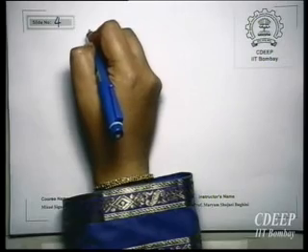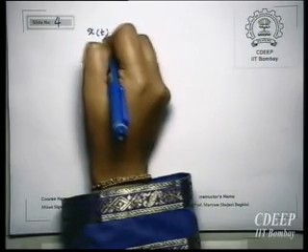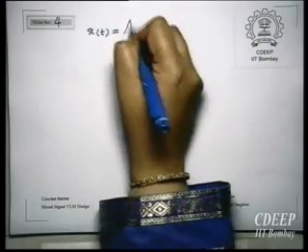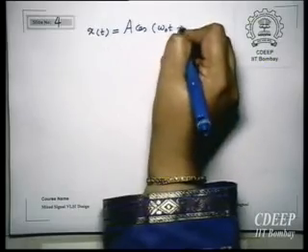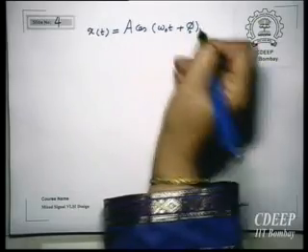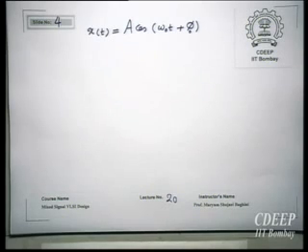Okay, what is jitter? First of all, suppose we have a signal with a constant frequency omega 0 and constant phase phi 0. Now suppose this is coming from a VCO, and this VCO operates in a practical environment.